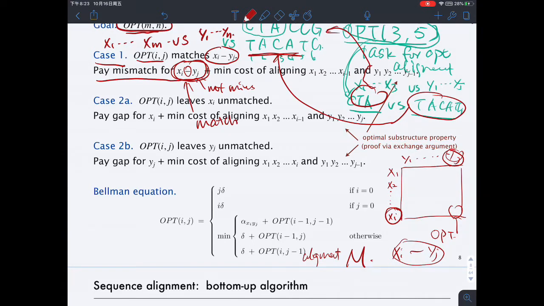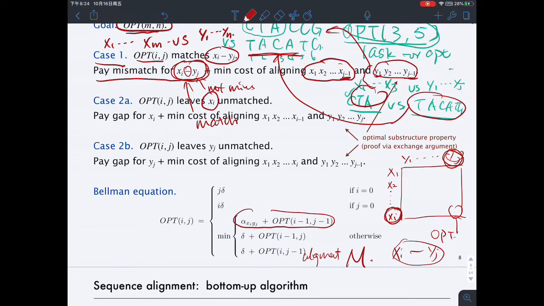So we pay a cost of xi matching yj, and then we solve the subproblem, which is x1 up to xi minus 1 aligned with y1 up to yj minus 1. So this is the first case. These two letters are matched.